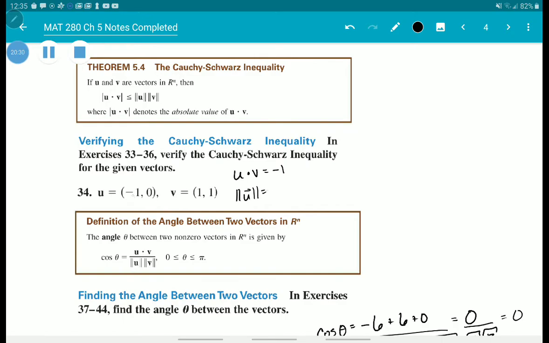Square root of (-1) squared plus 0 squared, which is the square root of 1 plus 0, which is going to give us 1. And I'm going to find the magnitude of v, which is going to be the square root of 2. So the Cauchy-Schwarz inequality says if I take the absolute value of u dot v, that's always going to be less than or equal to the product of the magnitudes.